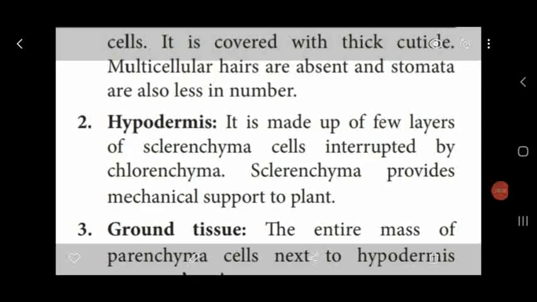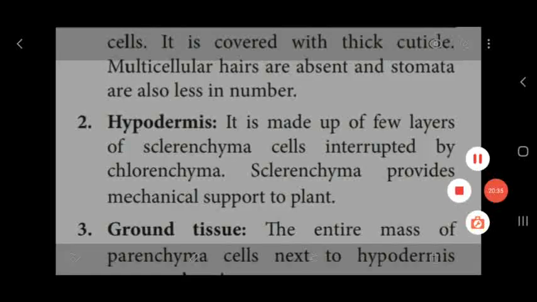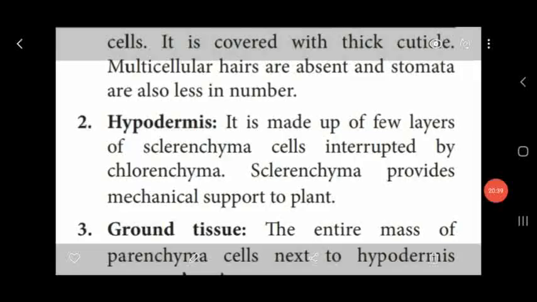Dear students, in this monocot stem there is only one variation compared to the dicot stem. In the dicot stem, multicellular epidermal hairs are present, but these multicellular hairs are absent in the monocot stem. The number of stomata is also less.